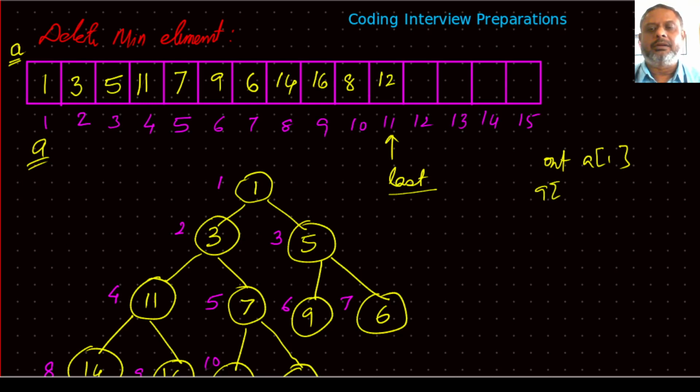Second thing is copy the last element into the first element. That means the last element 12 comes here, and the next thing is change the position of last.